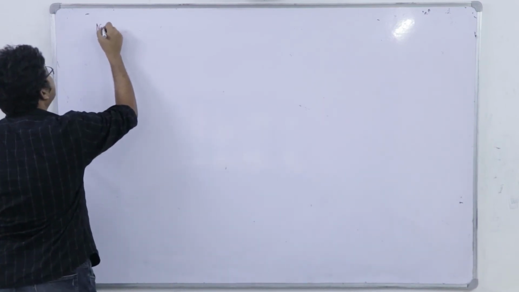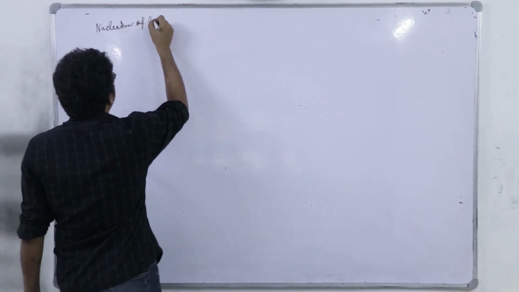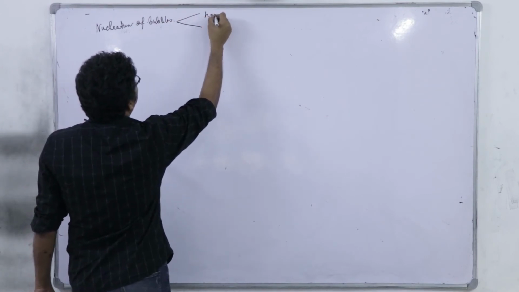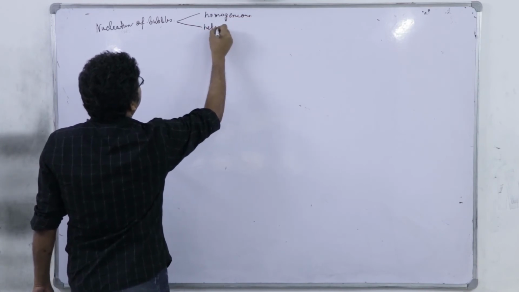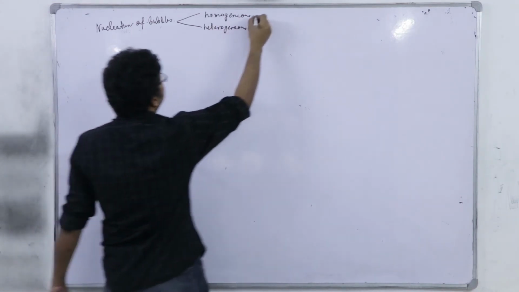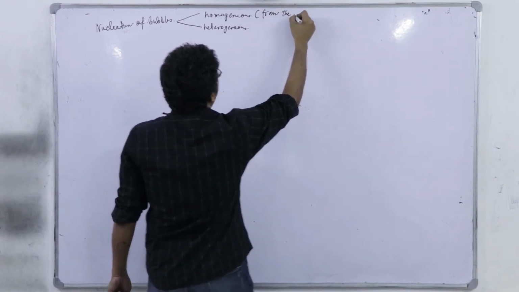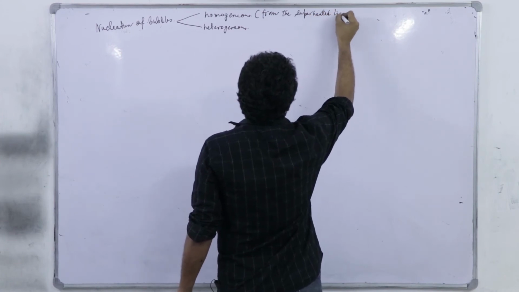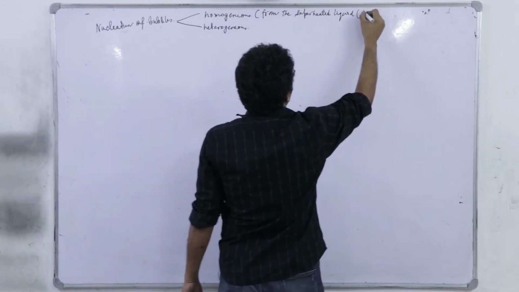So, nucleation of bubbles may be homogeneous and heterogeneous. Homogeneous means from the superheated liquid, which is itself a metastable or unstable state.